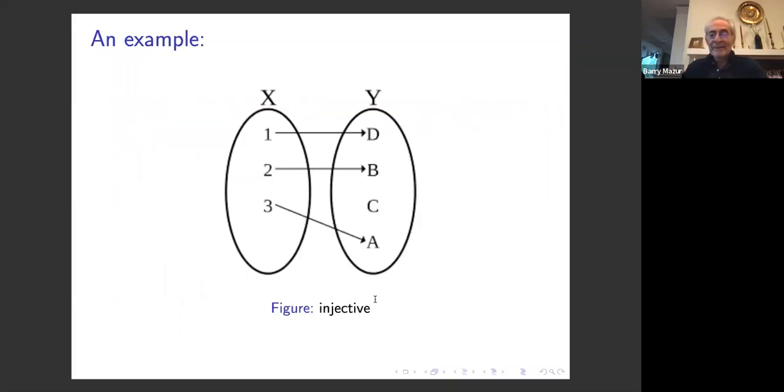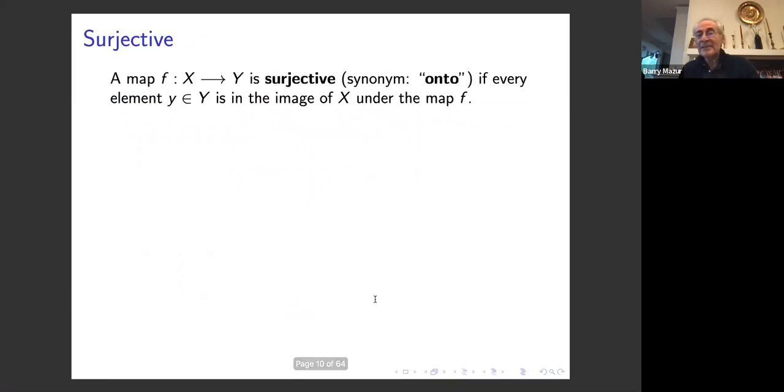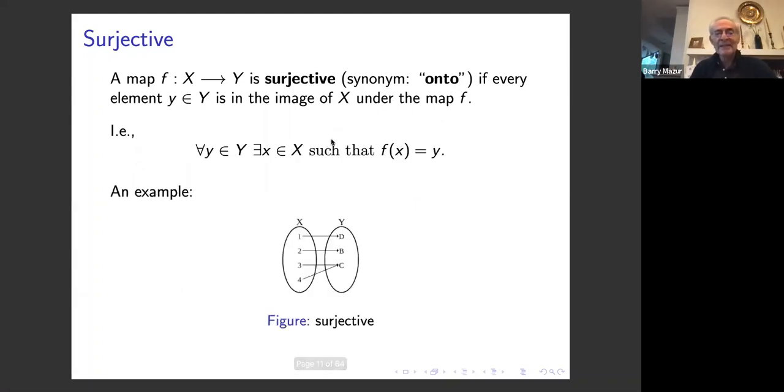Surjective is a map that has the property that every element in the range set Y is the image of some element under the map f. The synonym is onto. So here it is in logical language, and here it is in pictorial example.